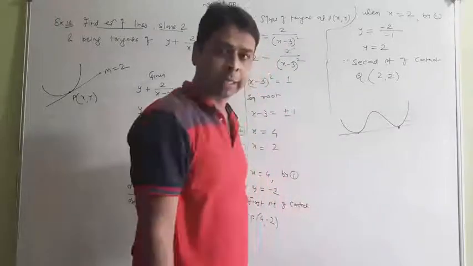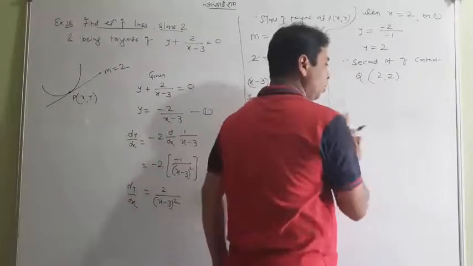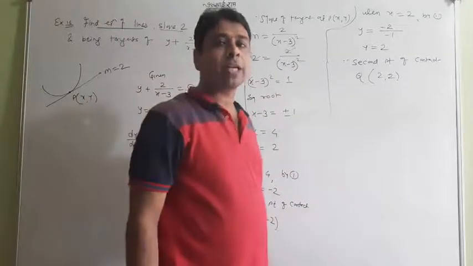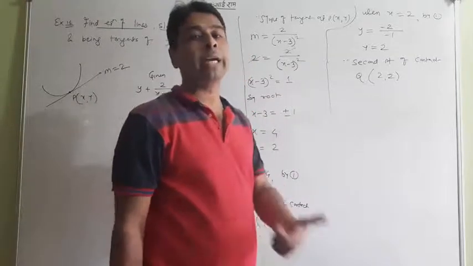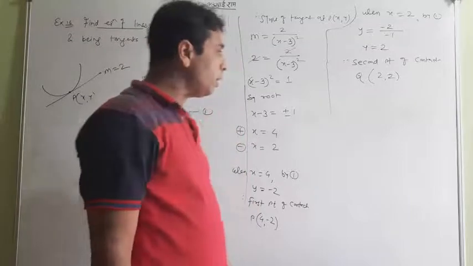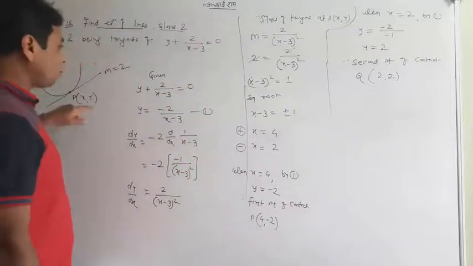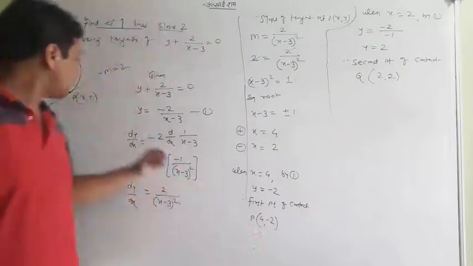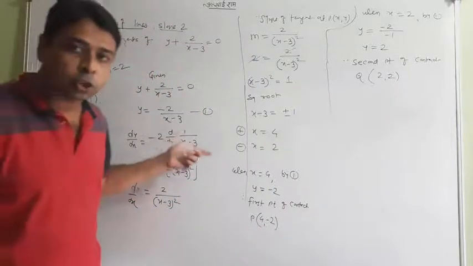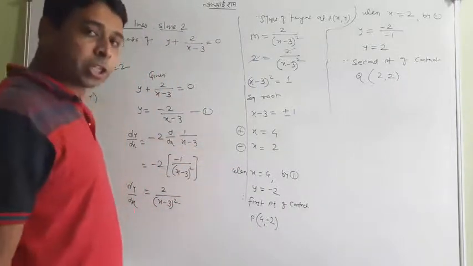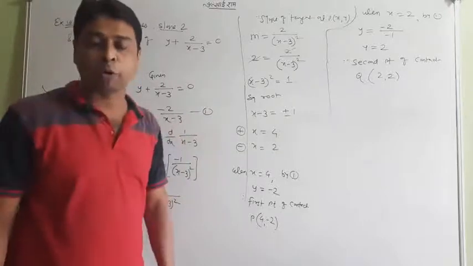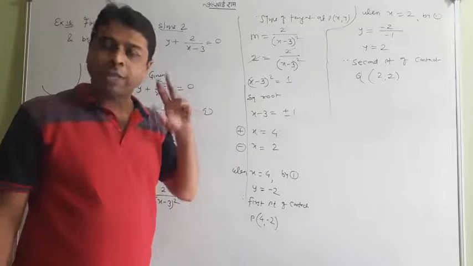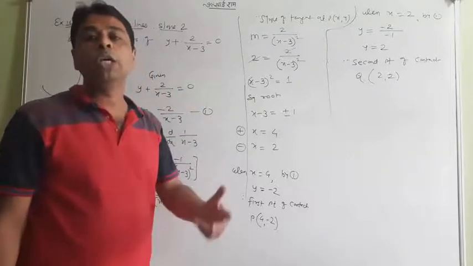I can't make such a picture because it is very tough to draw by prediction, but it may be possible that 2 tangents are drawn, with 2 points of contact, Q and P. P I located here, but I didn't make a Q because that time the picture was a rough picture and I considered only a single point of contact. But after solving, we got 2 points of contact, so definitely we would have 2 equations.